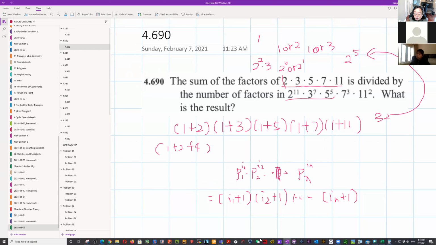So basically, based on this, and also the sum, so this is the number of the factors.